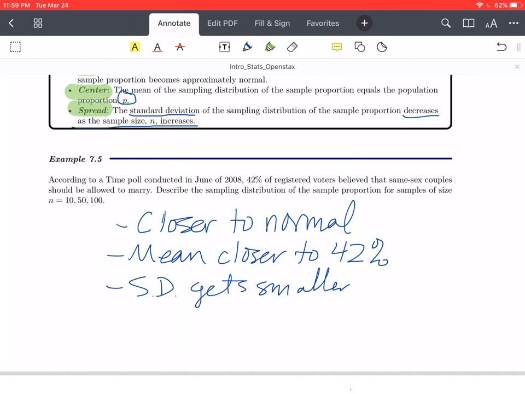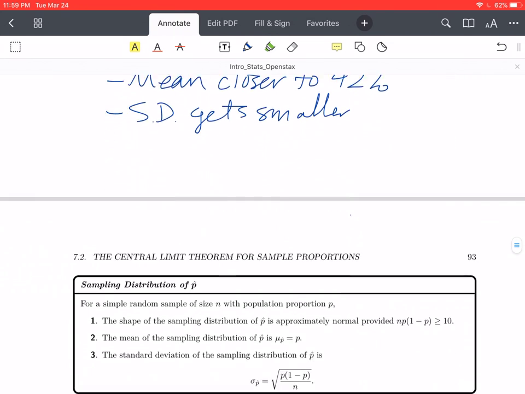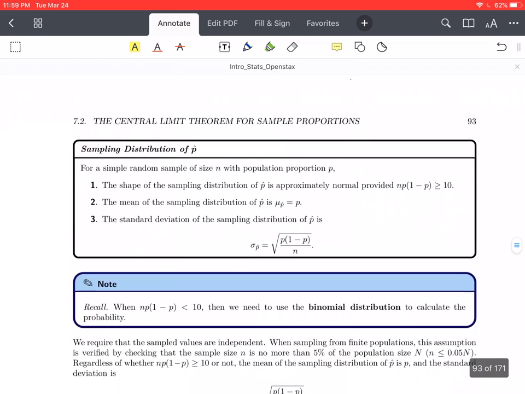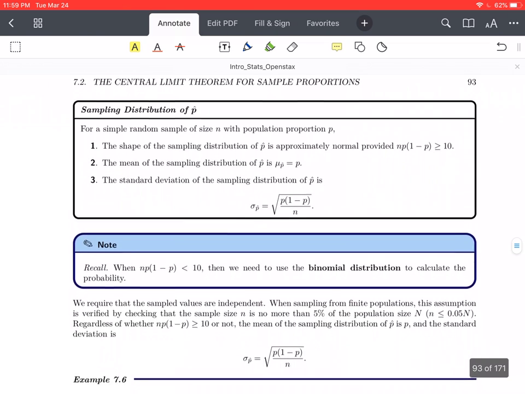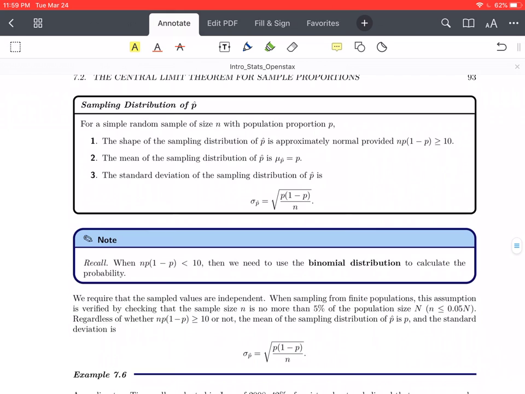Okay. So the specific formulas here that we're going to work with, these are kind of our big three. For a simple random sample of size n with population proportion p, the shape of the sampling distribution of p hat is approximately normal provided np times 1 minus p is greater than or equal to 10.